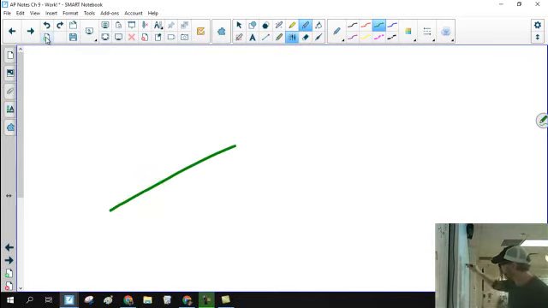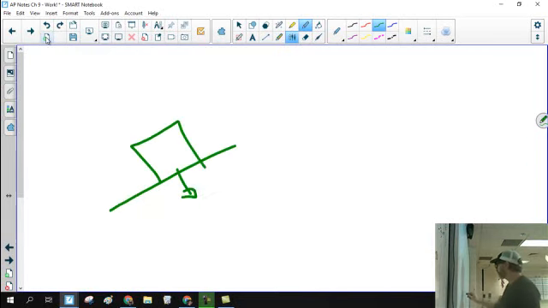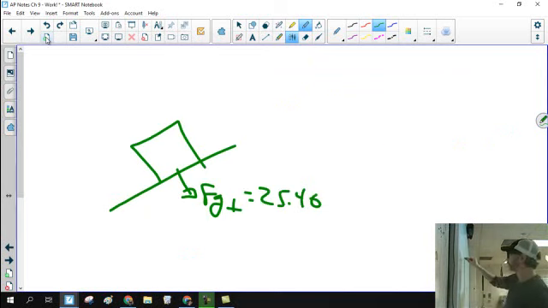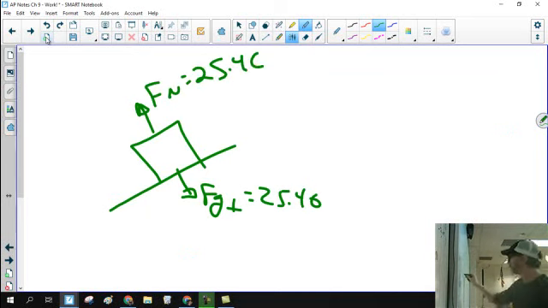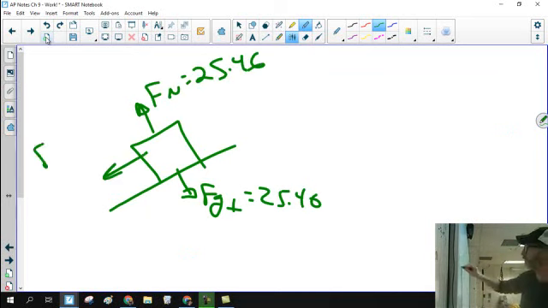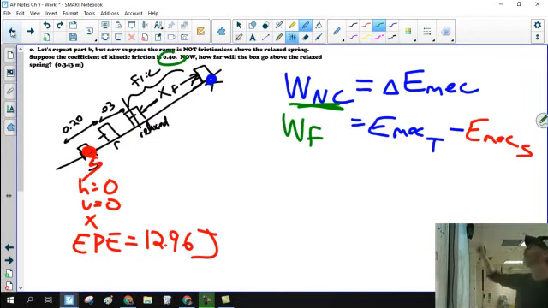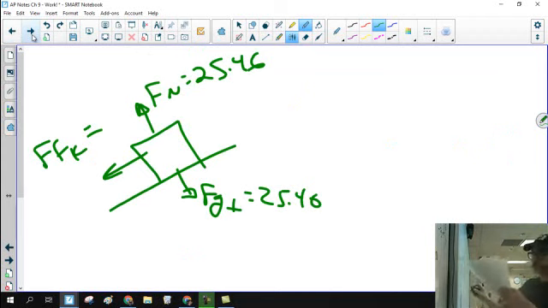So we'd already kind of done this before, right? So here's our box. We had our FG perpendicular, which we had decided was 25.46, which meant that our normal force was 25.46. So now we can find our force of kinetic friction, right? Just by doing coefficient 0.4 times our normal force.